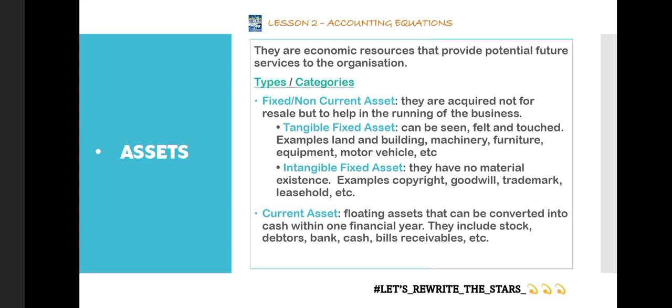Bills receivable: all monies that we are expecting to receive are all current assets, because that is what the business has. I hope this is very clear.